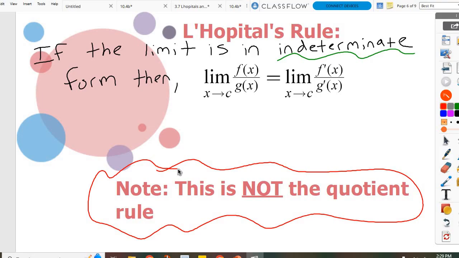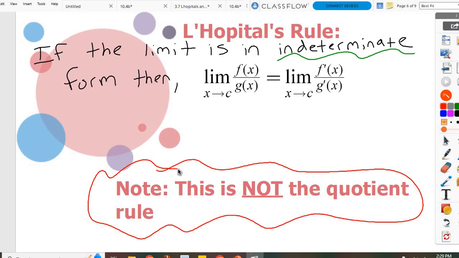I am using a derivative to find the limit. Your quotient rule still stands whenever I'm trying to take the derivative of stuff that has fractions. I can't just take the derivative of the top and the bottom when I'm trying to find a derivative. We all see the difference there. Which is why I hold off on showing it to you, because people tend to get those confused, so I don't want to exacerbate the situation.